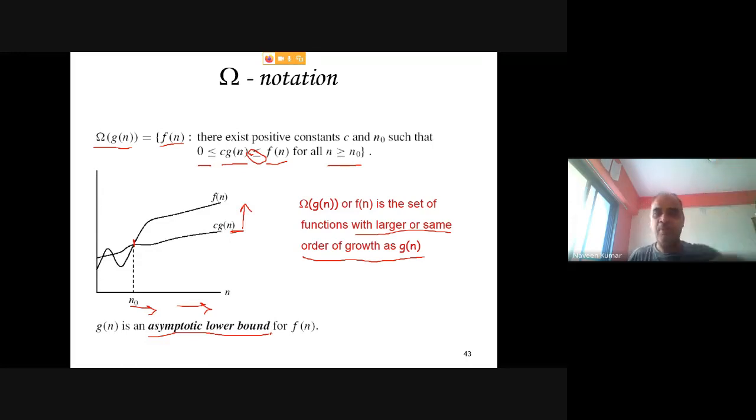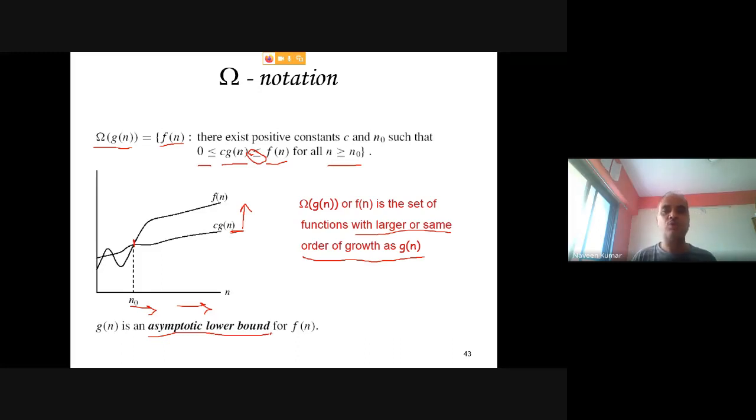Suppose I say that the number 50 is in between 0 and 100. In another sentence, I say that the number 50 is in between 40 and 60. This 40 and 60 gives you a better approximation, more clarity that the actual value is in this smaller range. That is what I am trying to say. So in that sense, this notation is not as good as big O.